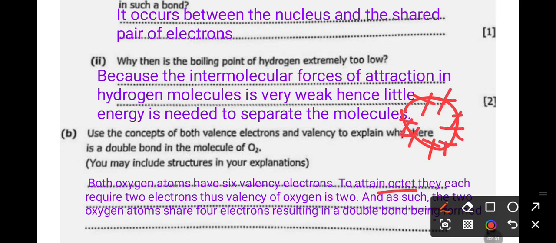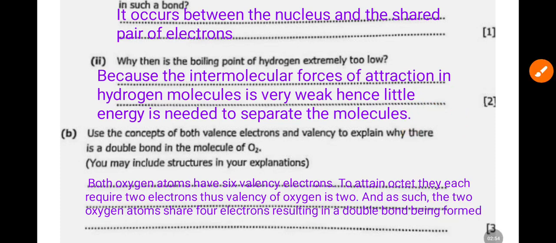So to attain octet, they each require 2 electrons. Thus the valency of oxygen is 2, and as such the 2 oxygen atoms share 4 electrons, resulting in a double bond being formed.